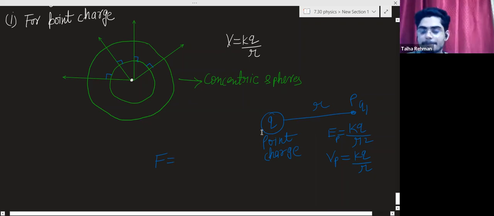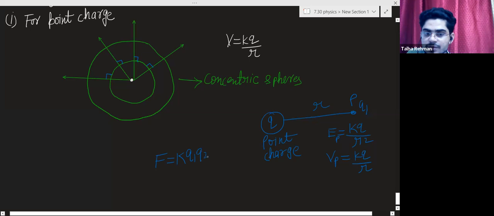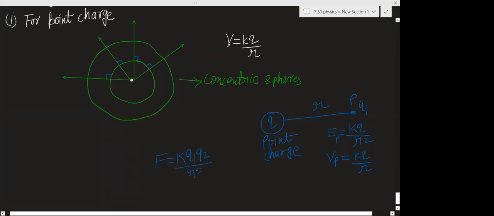Coulomb's law: F is equal to K Q1 Q2 by R square. It can also be written as Q1 Q2 by 4 pi epsilon 0 R square, right?